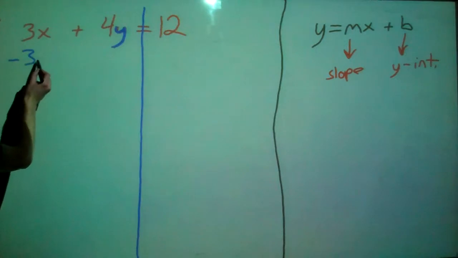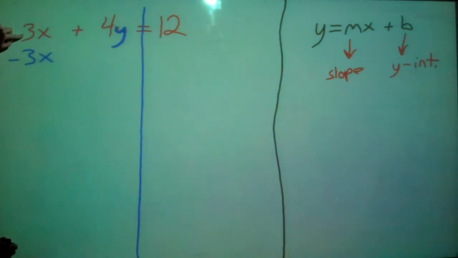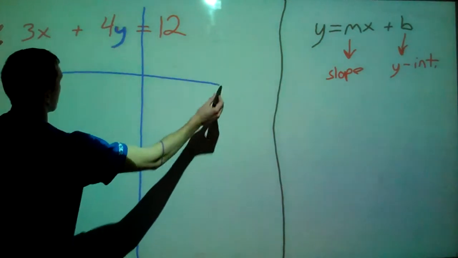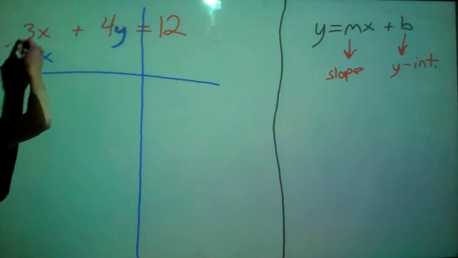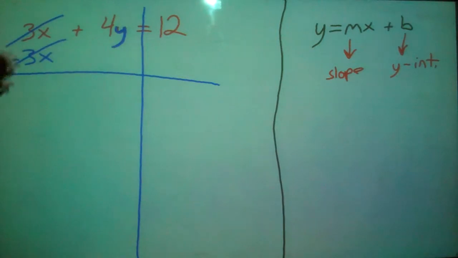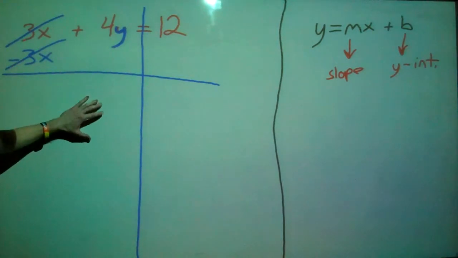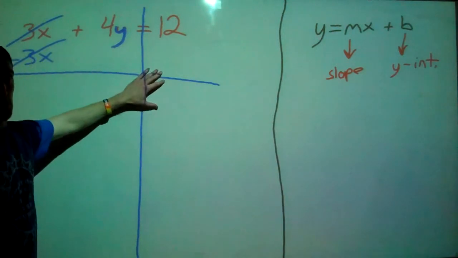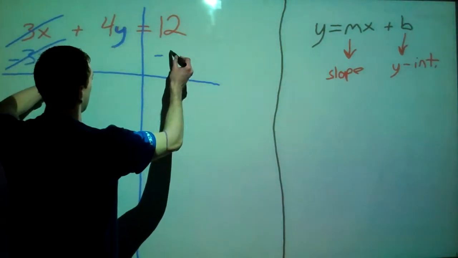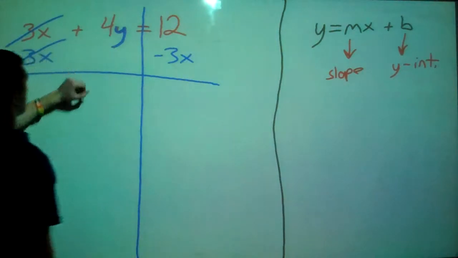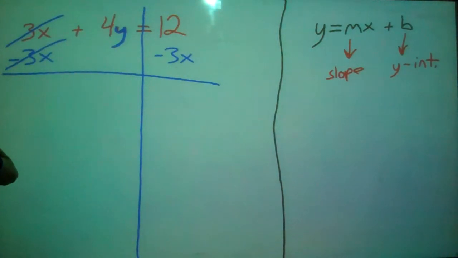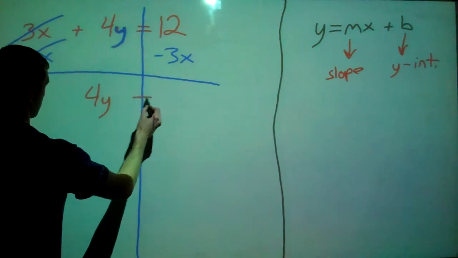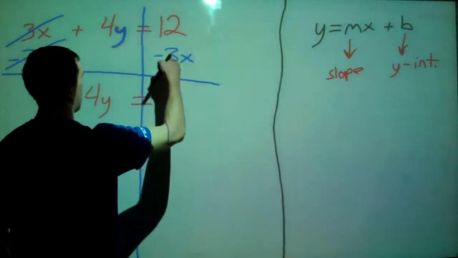If we subtract 3x here, 3x minus 3x is 0. That's what we want. Now we're only left with a 4y over here. But we subtracted 3x from this side to keep the equation balanced, so we also have to do that over here. What do we have left on the left side? We have 4 times y equals 12 minus 3x.